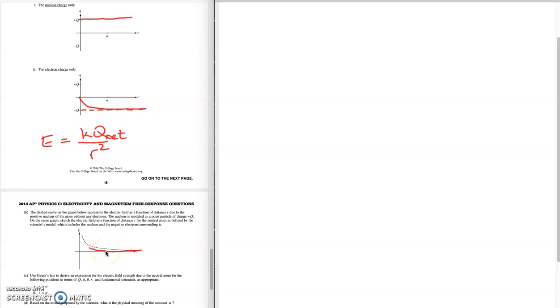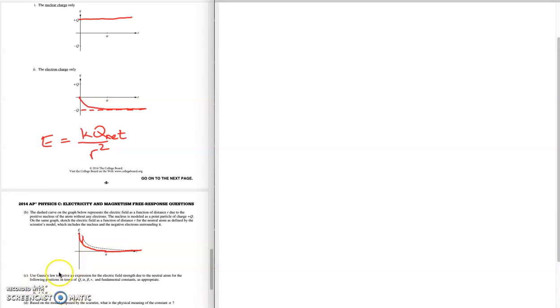And other than that, it's going to be reduced, let's see if I can draw this, to be inside or closer to the origin than that dashed line is, because we have extra negative charges that's going to make the electric field smaller.